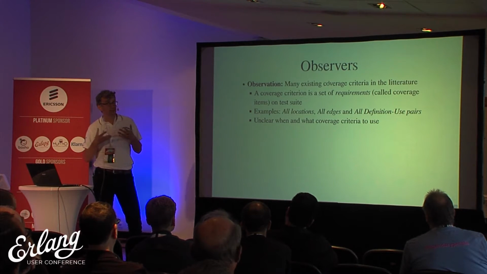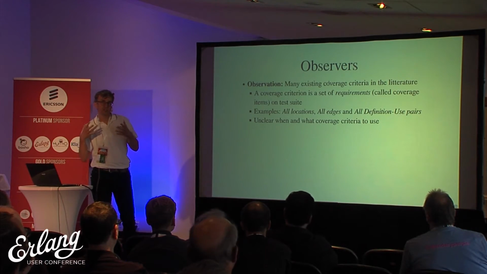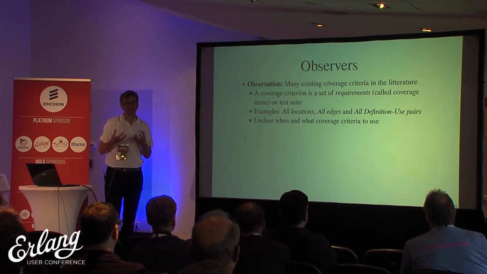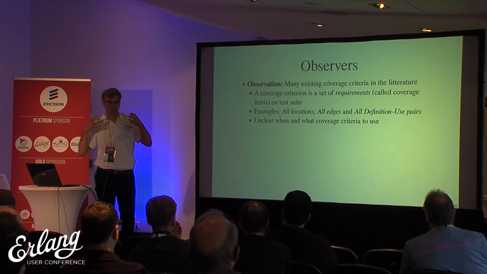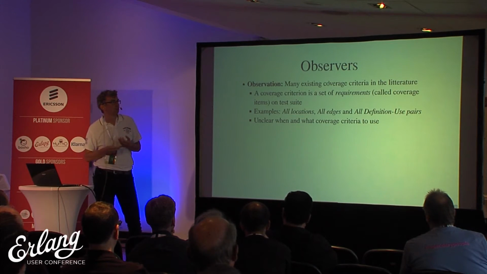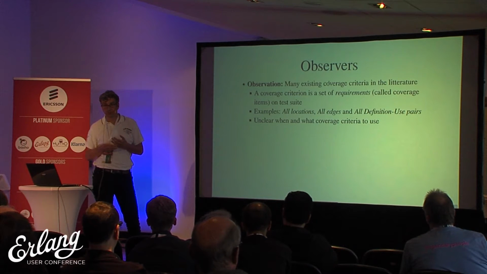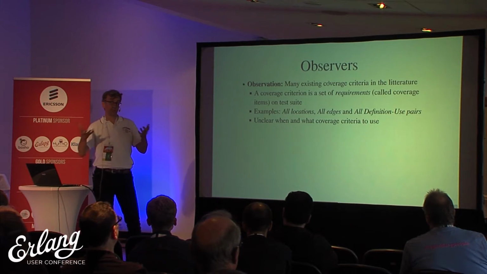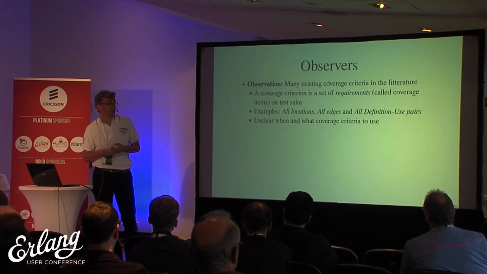And the idea is that this should be kind of general. A coverage criterion is supposed to fulfill some requirements you have on your system, on your test, what you want to test. And from the literature, typical examples are that you cover all locations of your model, or you cover all edges, or definition-use pairs, for example.